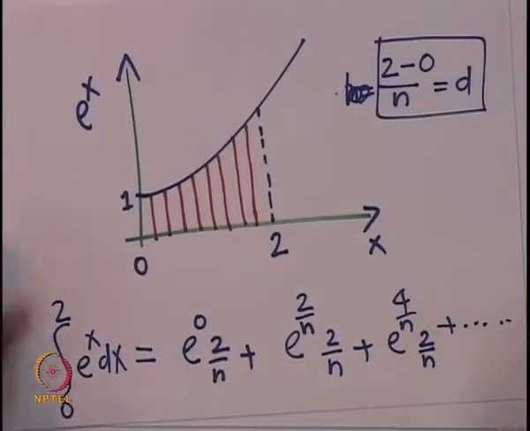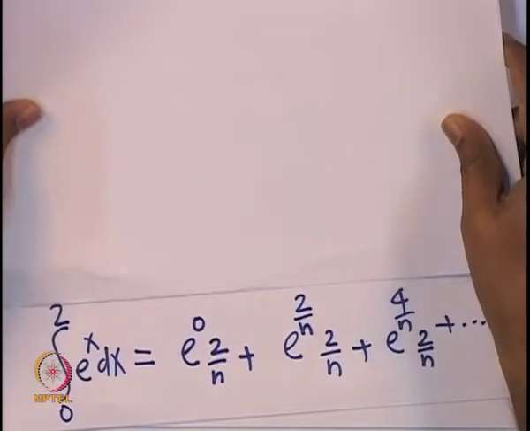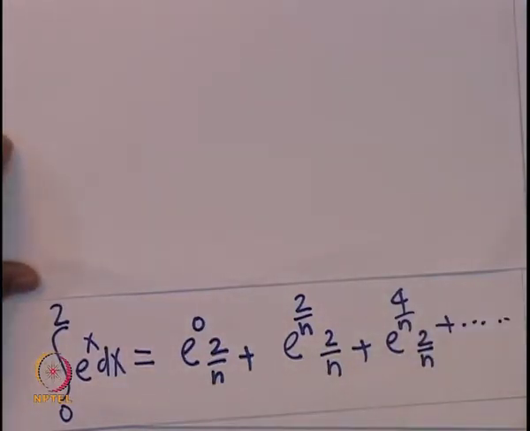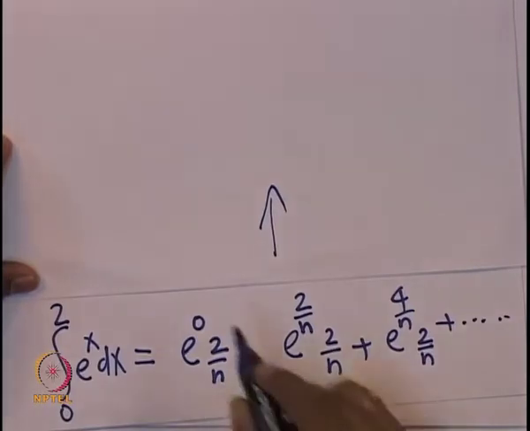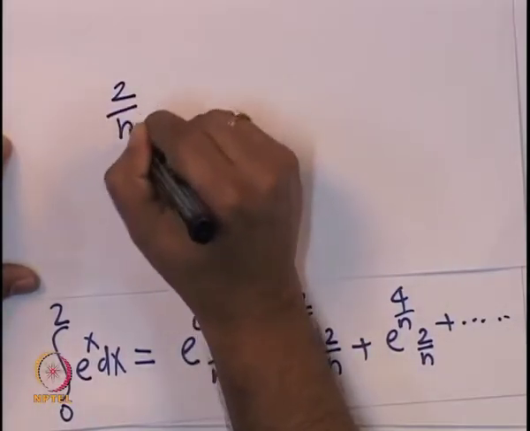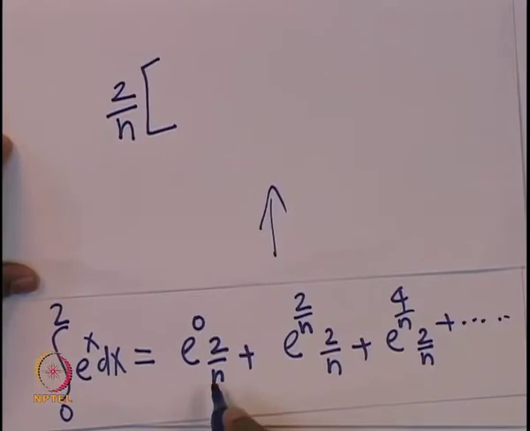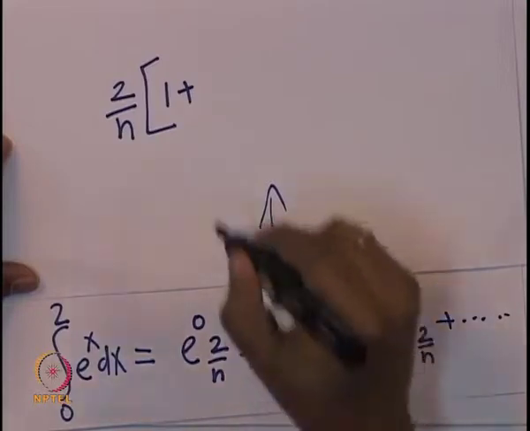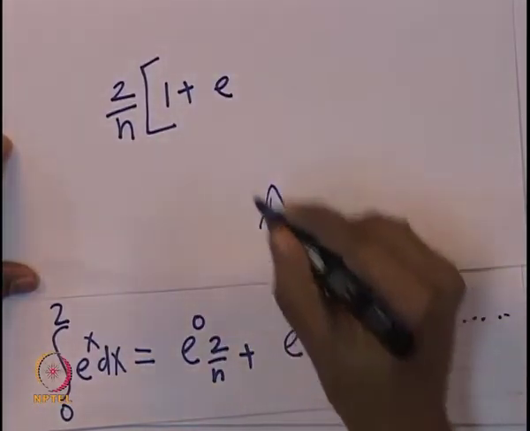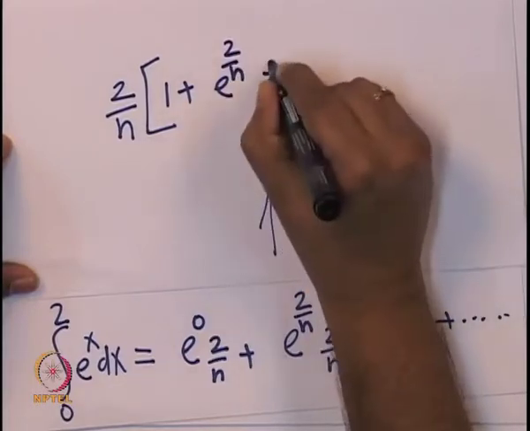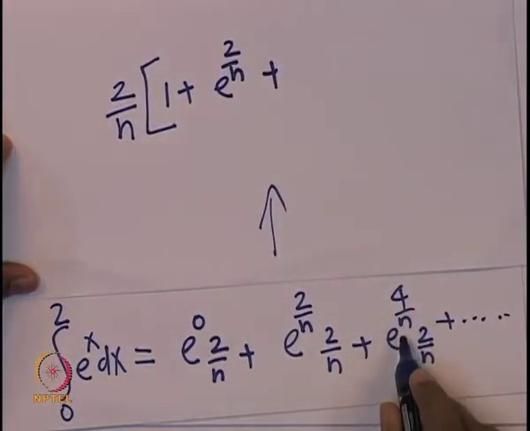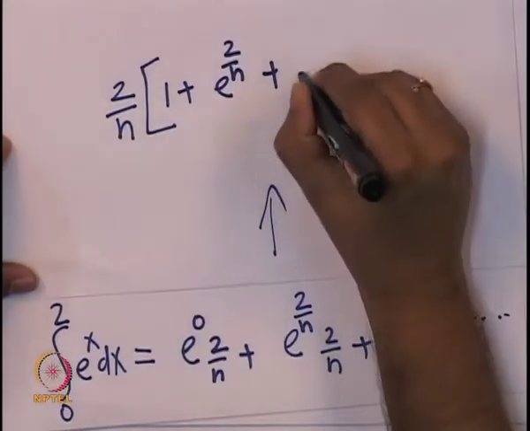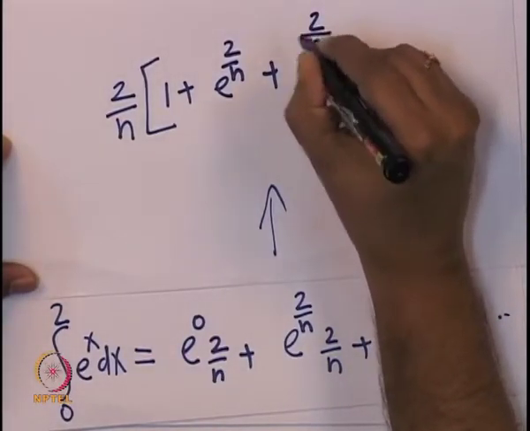If I take 2 by n out in common, what I have is e power 0 which is 1, and 1 plus e power 2 by n, plus e power 4 by n, which is basically e power 2 by n whole square.